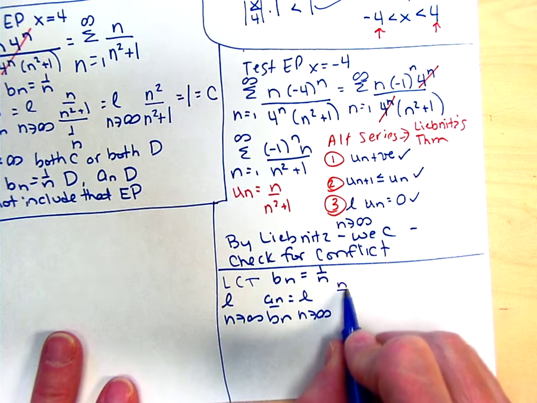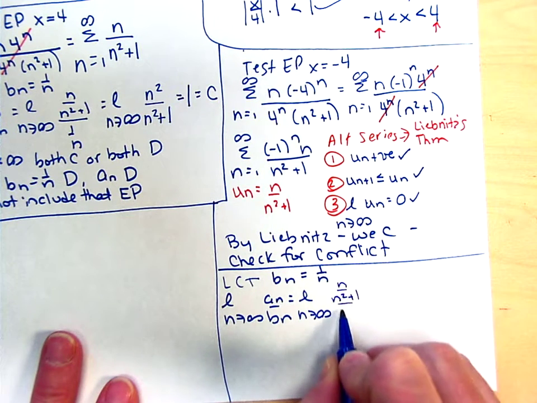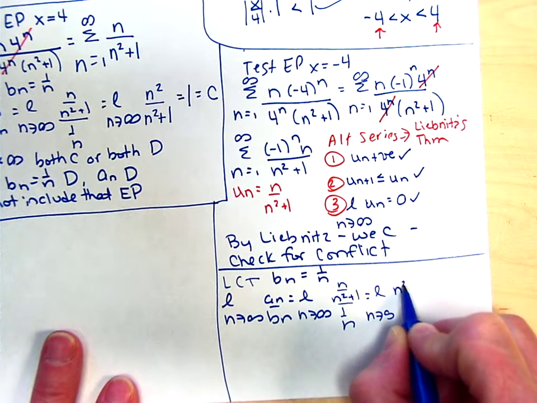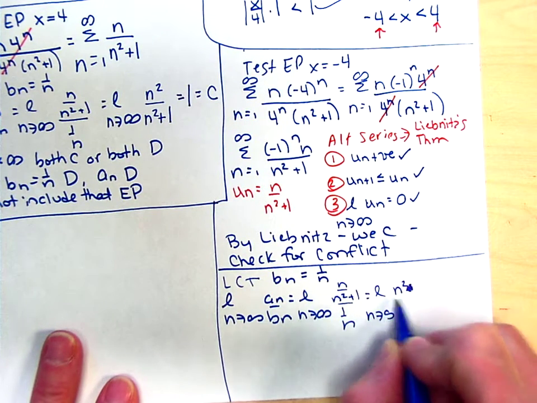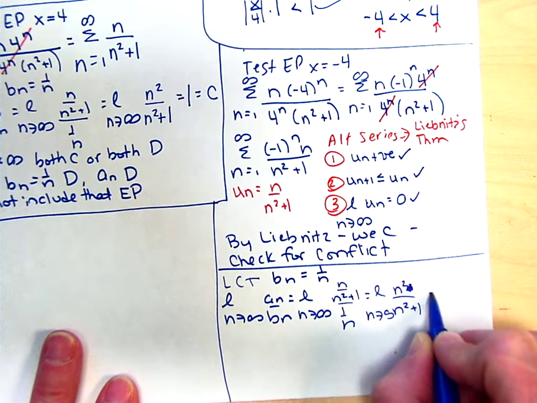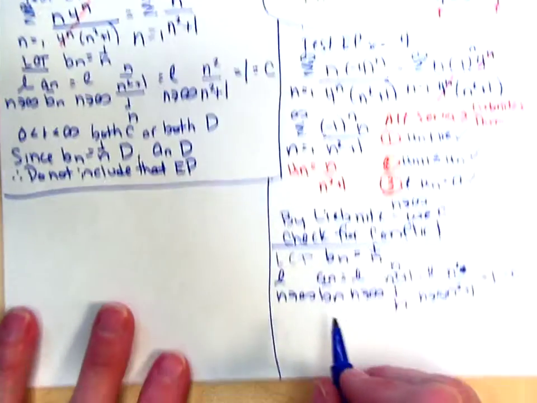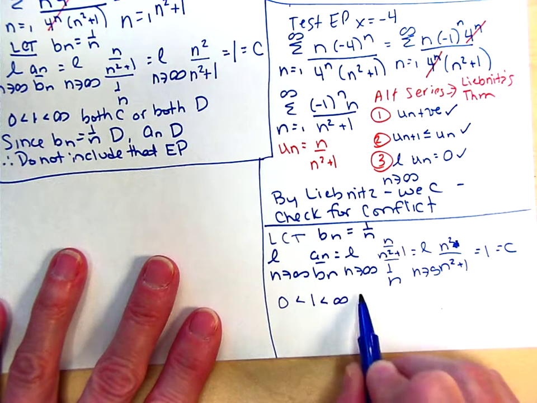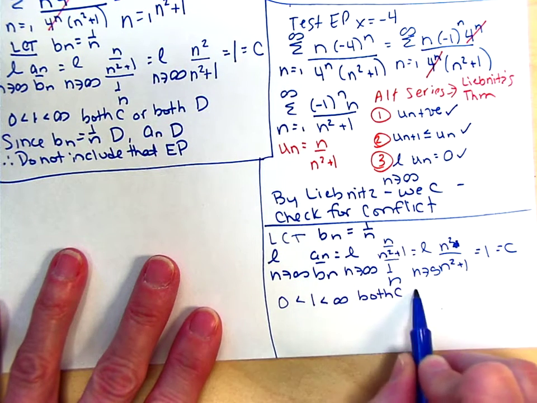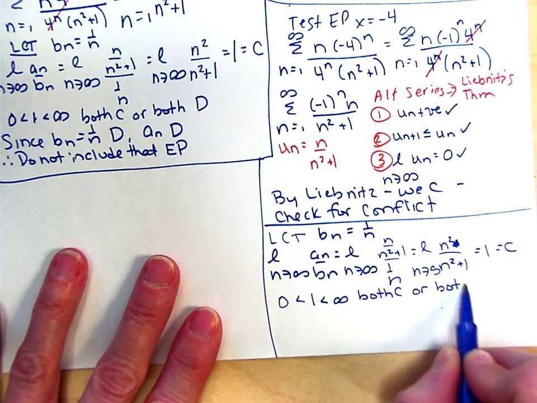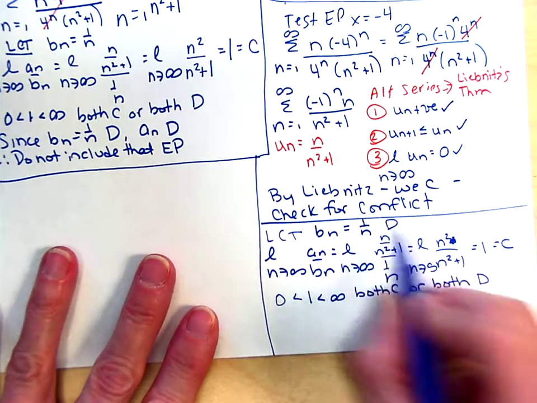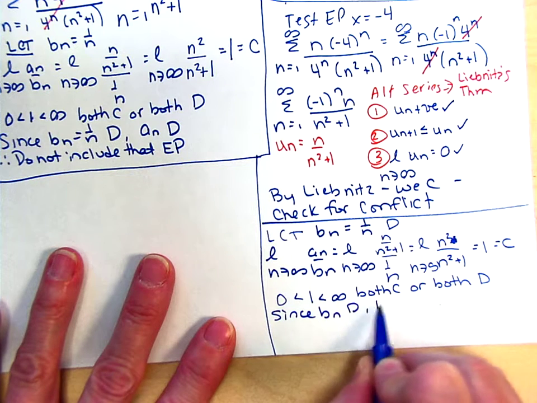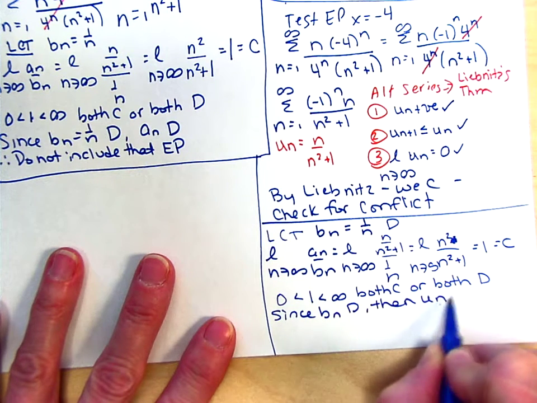But I'll go ahead and write it out. Remember that either both converge or both diverge, and since b sub n diverges, then u sub n diverges as well.